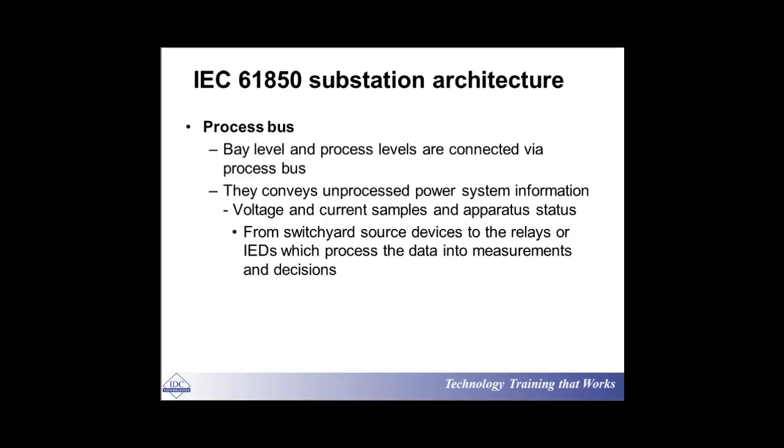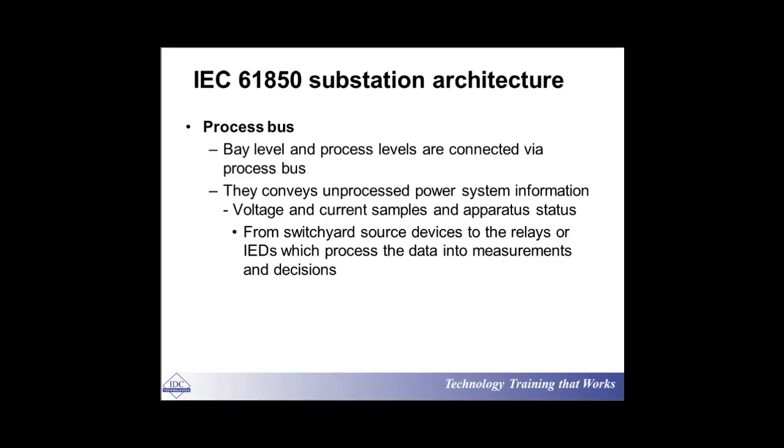Between each two levels, we have got a bus. Between the bay level and the process level, who is the connector? The process bus. Between the bay level and the station level, who is the connector? The station bus.